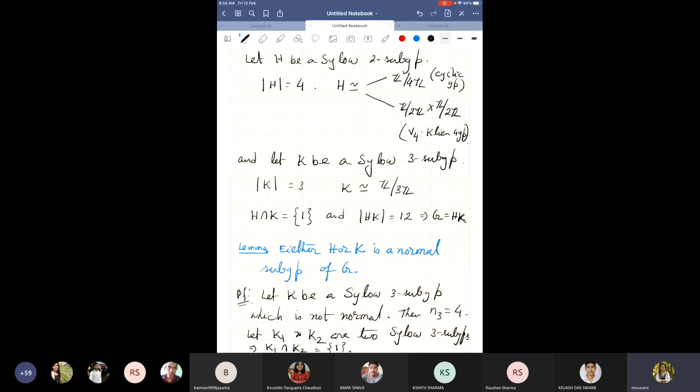Correct? So if there are a total of 8 elements of order 3, then how many elements are left? Apart from the 8, if I include identity, then there are 4 elements left, right? So if there are 4 elements left, then what will be the choice for H, a Sylow 2 subgroup?